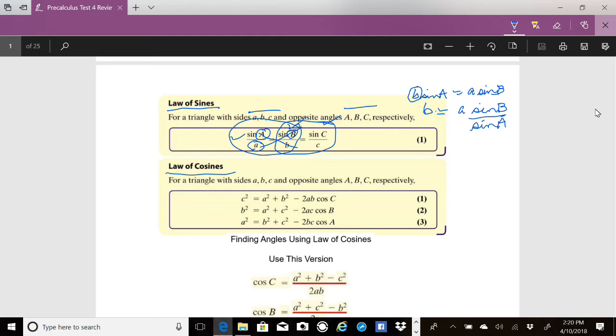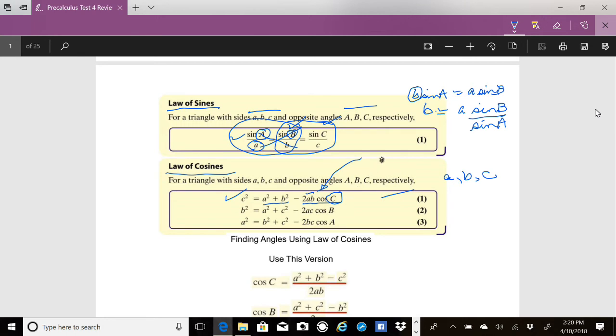For instance, if you have sides A, B, and C, C squared is equal to A squared plus B squared minus 2AB cosine of C, where C is the angle between the two sides A and B. Notice that it looks exactly like the Pythagorean theorem, except it has this correction term, minus 2AB cosine of C.